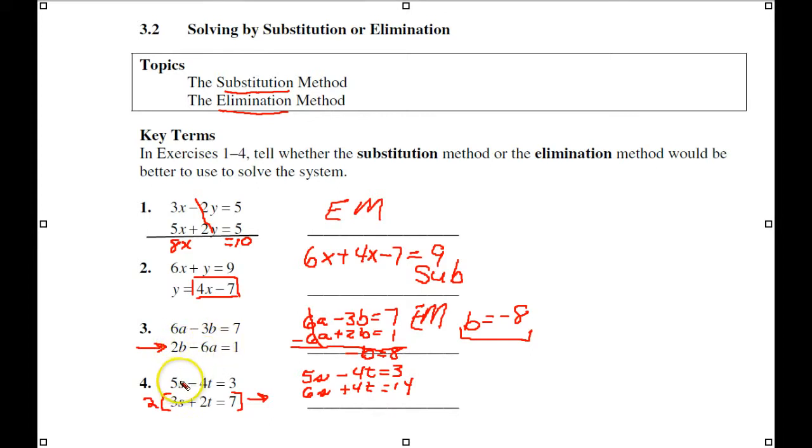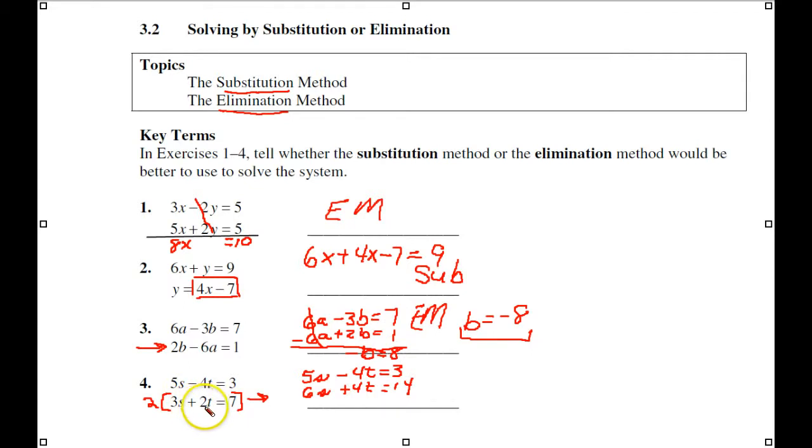Now in example 4, they're already in standard form. We're wondering, what could we possibly do to eliminate one of the variables? Well, notice here we have a negative 4t, and here we have a positive 2t.